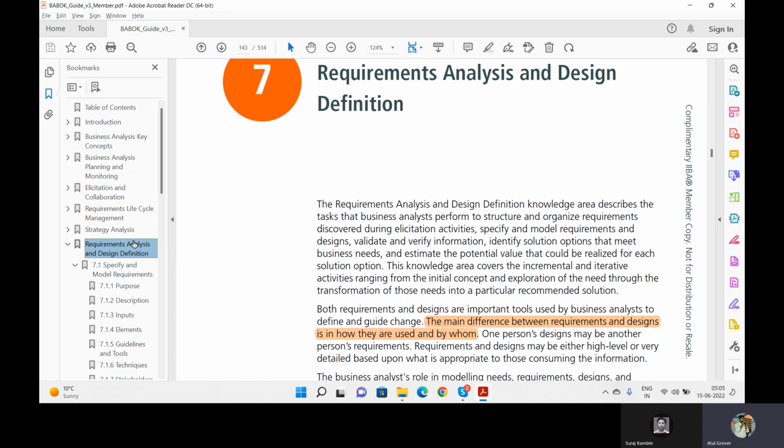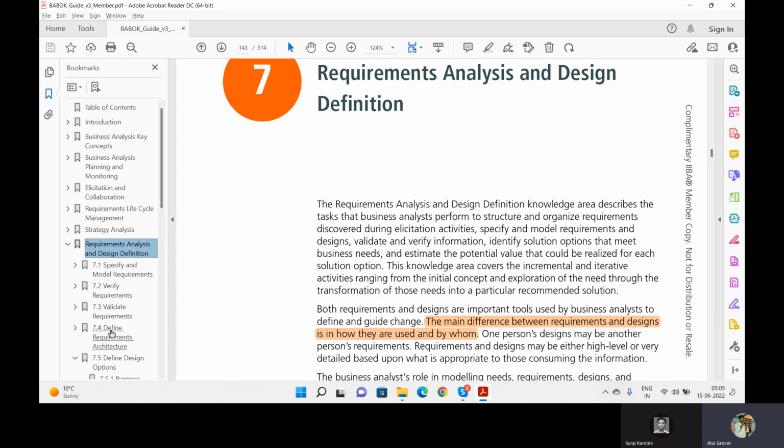In this topic we are going to discuss 5 major steps. Number 1, specify and model requirements. You have to specify what you want to achieve. Then you have to verify that the requirement you are getting is accurate. You have to validate that part from the designing perspective.